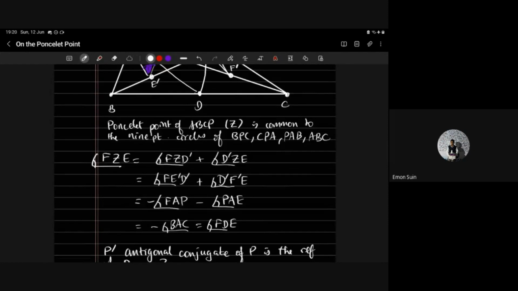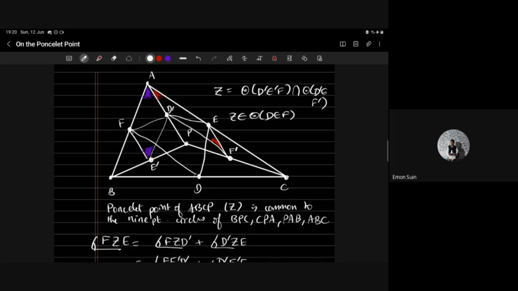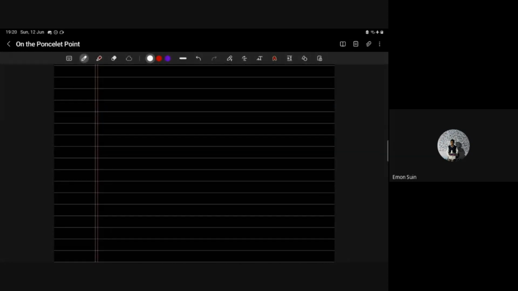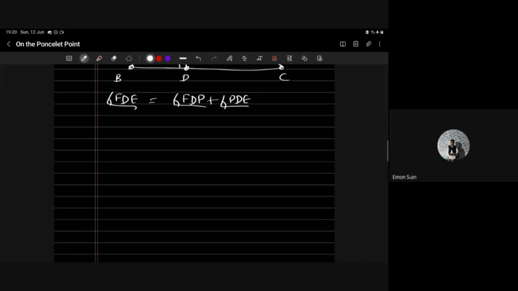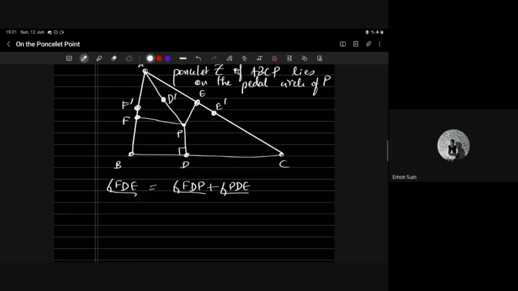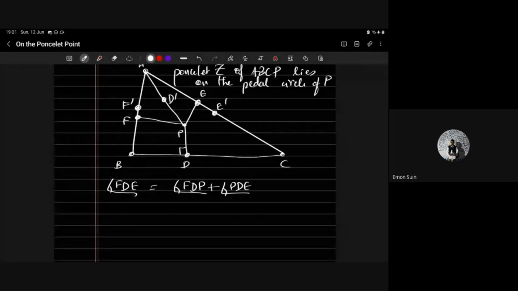We defined the Poncelet point as the concurrence point of the nine-point circles of ABC, APB, BPC, and CPA. But when P is the orthocenter, all these nine-point circles are the same, so Z is not well defined in that case. So I'll just assume P is not the orthocenter.